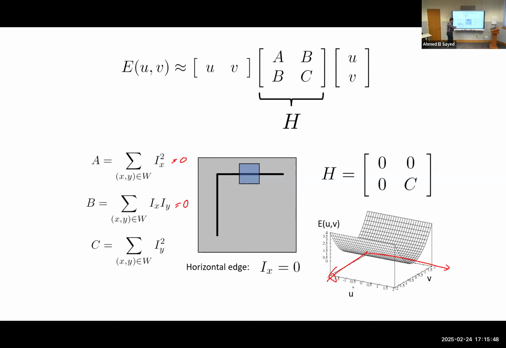Now, assume that you are moving in this direction. So you have a frame like this, and this frame is moving in this direction. Do you see any change? No. So the derivative in the x direction is 0. On the other hand, if you are moving in this direction, it's already a parabola. So is there a change or no?